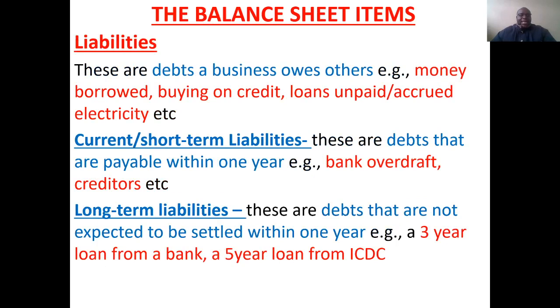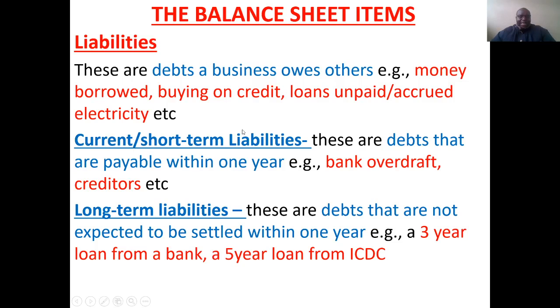Liabilities. These are debts a business owes others. For example, money borrowed by the business, buying on credit from suppliers, loans unpaid, accrued electricity, unpaid salaries, etc. We have short-term and long-term liabilities.